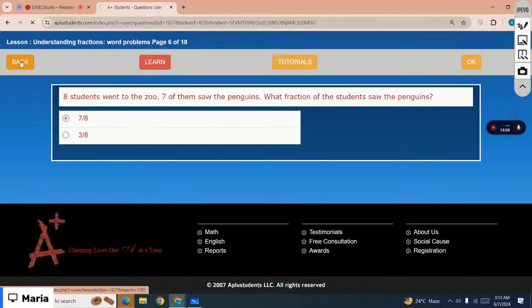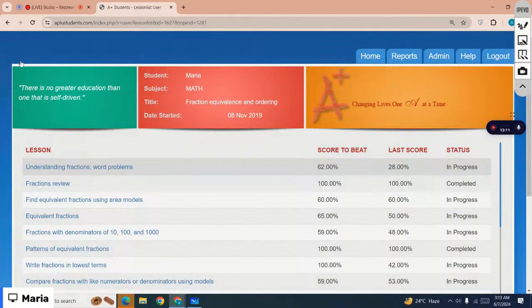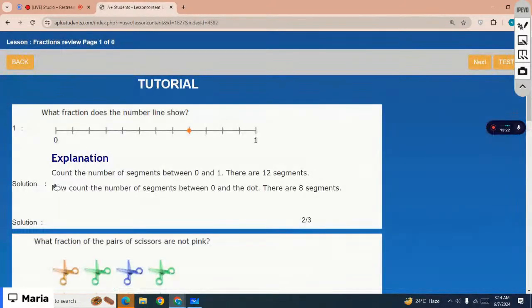And the next lesson is fractions review. So let's just start with the lesson. That is just a review.